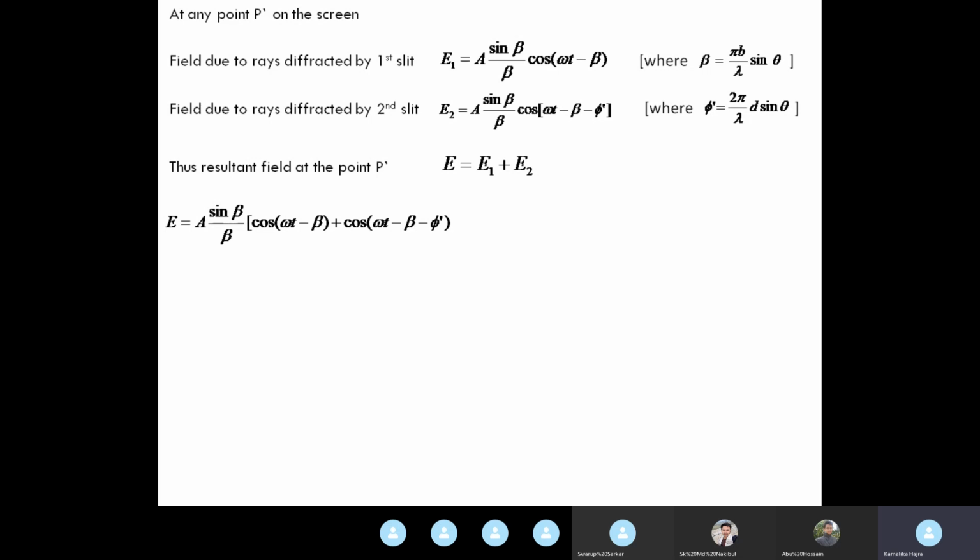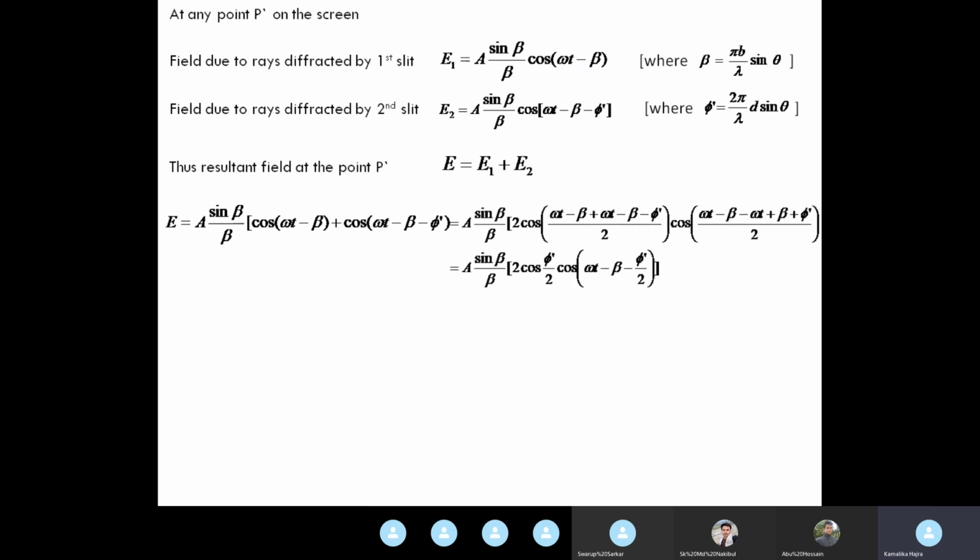Okay, so I put down the expression of the two fields E1 and E2, and taking A sine beta by beta common, we get cos omega t minus beta plus cos omega t minus beta minus phi prime in a bracket. This is very trivial trigonometry for you: you add two cosine terms, so you get 2 cos (A plus B) by 2 cos (A minus B) by 2.